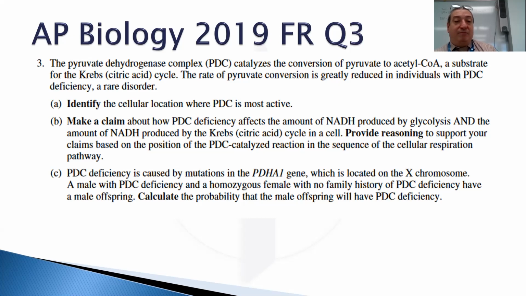You want to make a claim about how PDC deficiency affects the amount of NADH produced by glycolysis and the amount of NADH produced by the Krebs or citric acid cycle in the cell. Provide reasoning to support your claims based on the position of the PDC catalyzed reaction in the sequence of cellular respiration.